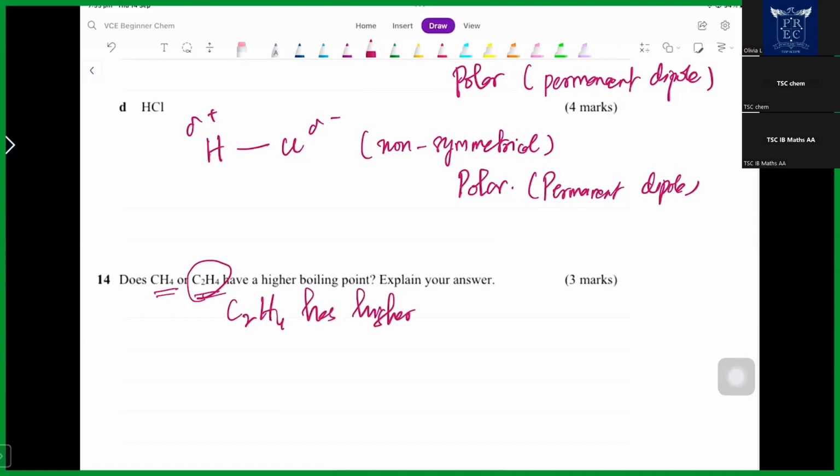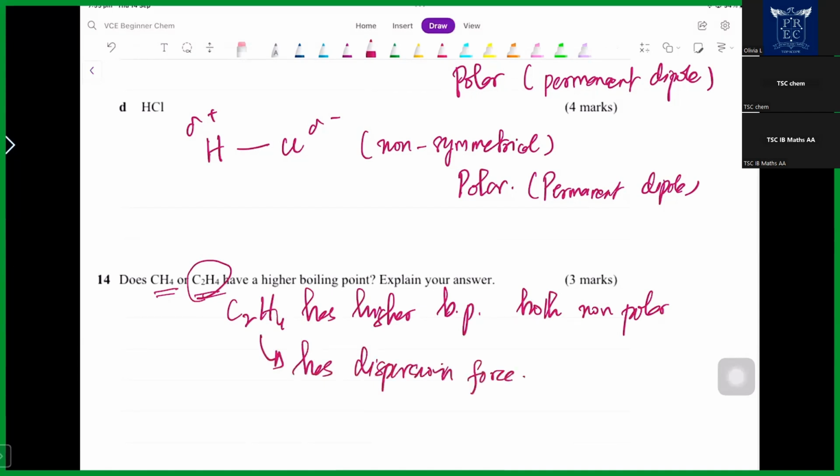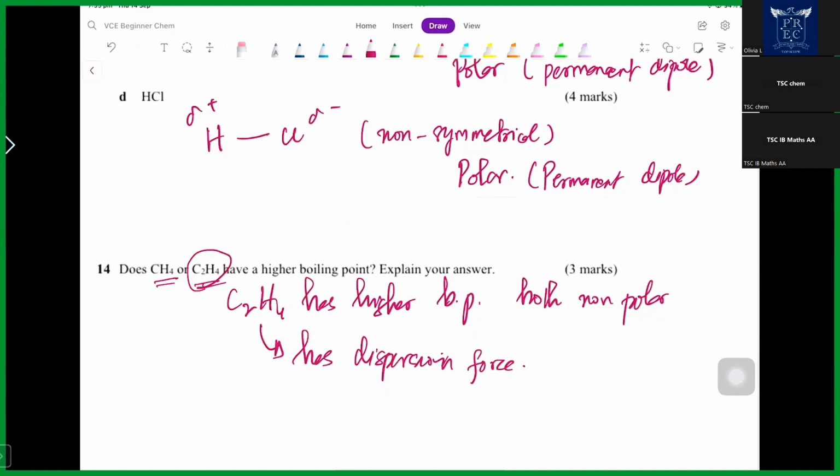Both non-polar, but this one has a higher dispersion force. Higher boiling point, BP for short.